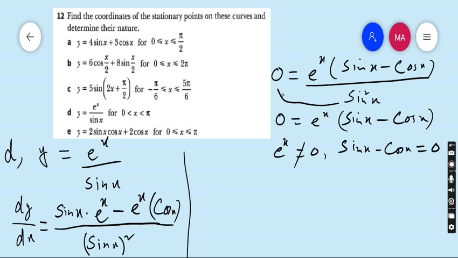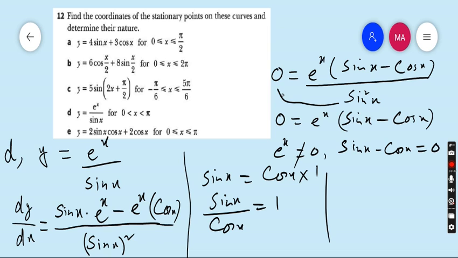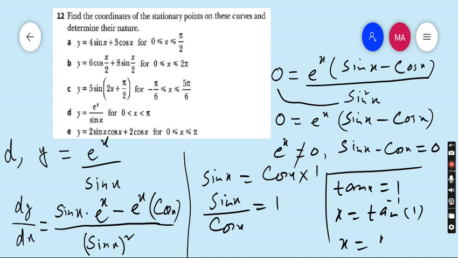Therefore sin x minus cos x equals 0. So sin x equals cos x, so sin x upon cos x equals 1. Sin x upon cos x is tan x, equals 1. x equals tan inverse 1, and tan inverse 1 is pi by 4.